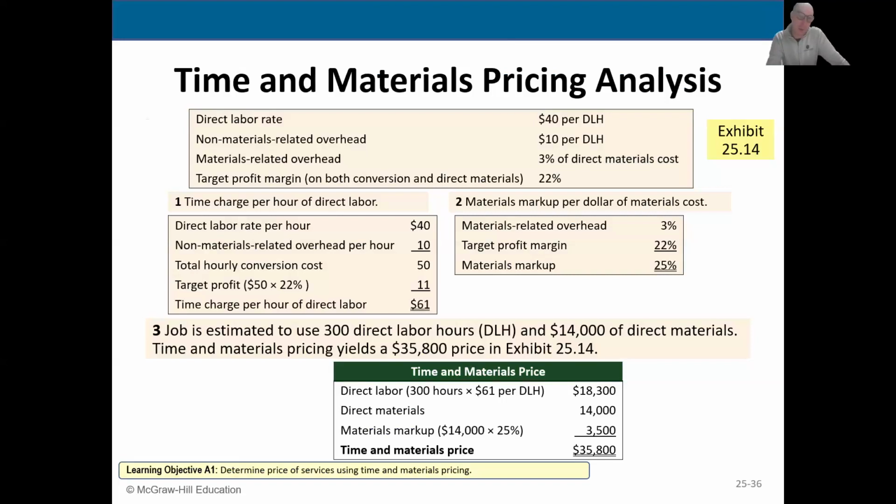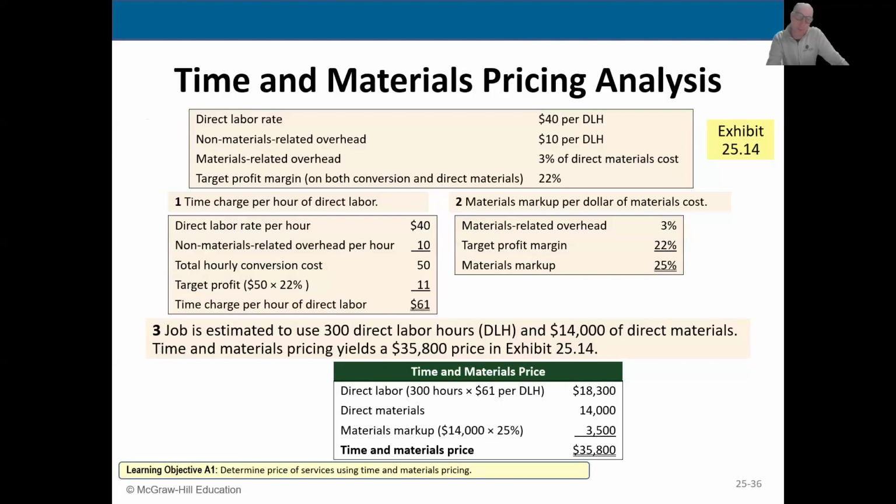Step 1, charge for the labor hours, $40 per hour, plus non-materials related overhead, equals the total hourly conversion cost, plus the target profit, equals the time charge per labor hour. See how it goes from 40 to 61 pretty quick, right?